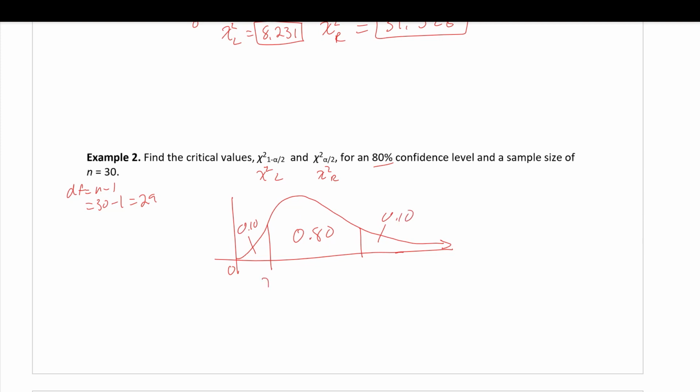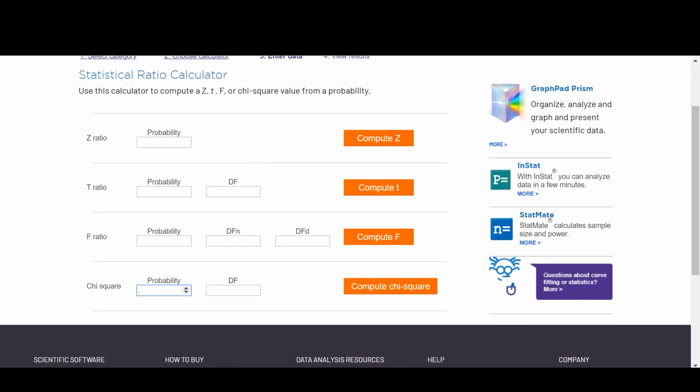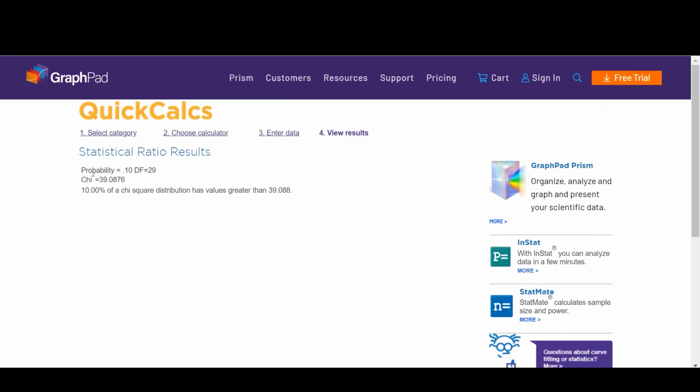This is chi-squared left. This one's chi-squared right. So let's start with the right one. The area to the right of this is 0.10. So let's go over to our calculator. 0.10. Degrees of freedom, they said it's 29. Let's compute chi-squared. And we should get 39.088.